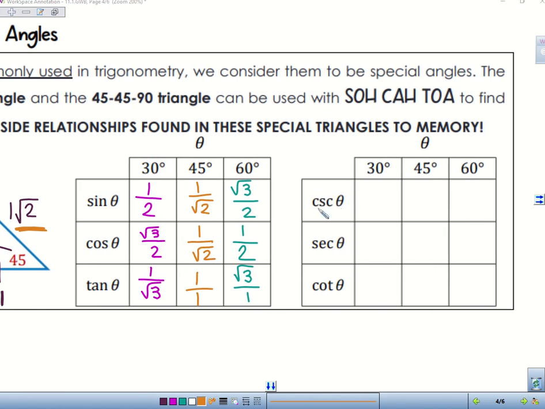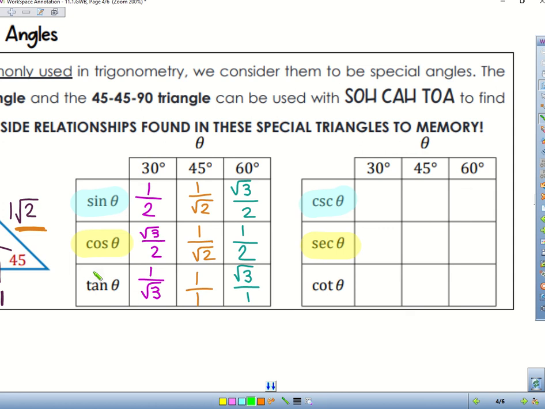What do we call these again? They start with an R. Reciprocal. The reciprocal trig functions. And we know that cosecant and sine are reciprocals. We know that cosine and secant are reciprocals. And finally, tan and cotan are reciprocals as well, correct? So all we have to do is take each one of these values and take the reciprocal of them.